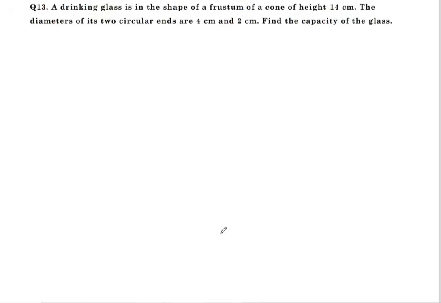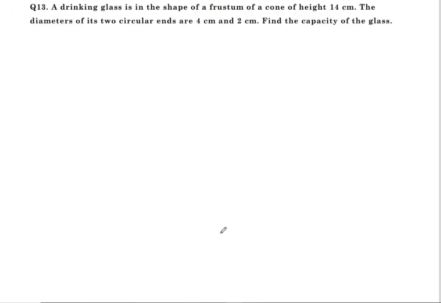Without knowing the formulas, you cannot solve a problem. So learn all the formulas, that is, CSA of all the solids: cube, cuboid, sphere, hemisphere, cone, cylinder, then frustum of cone. You can expect one 3-mark question on frustum of cone because it's a newly introduced concept in 10th standard.